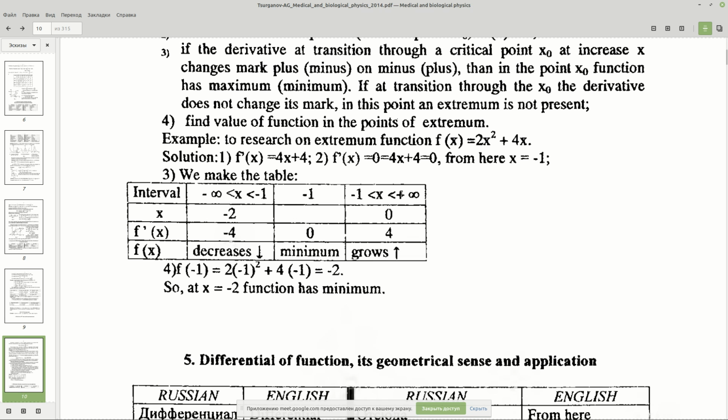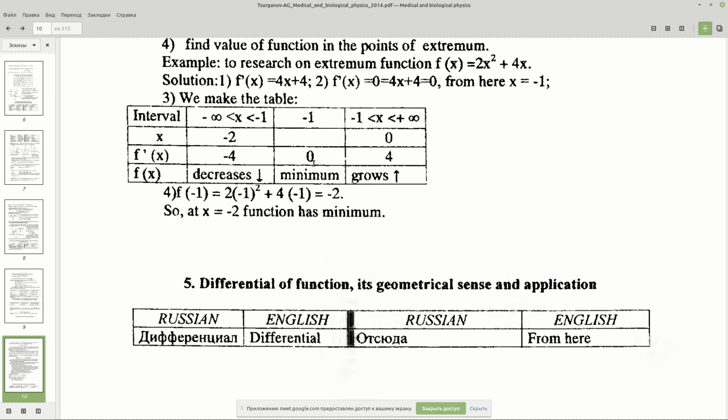When x is 0, for example, the derivative is 4. So on the first interval the function decreases, and on the second it grows.